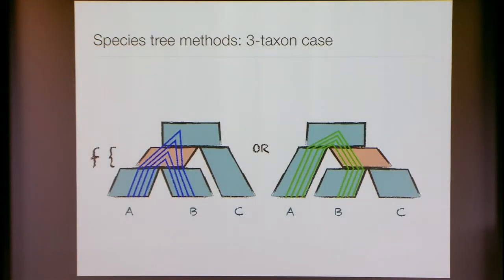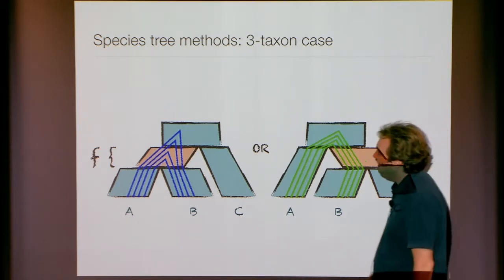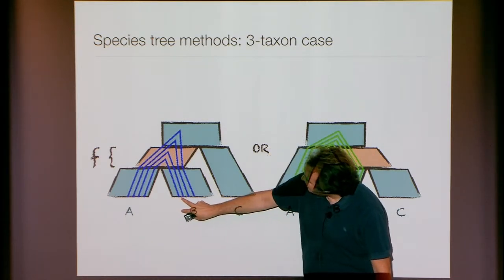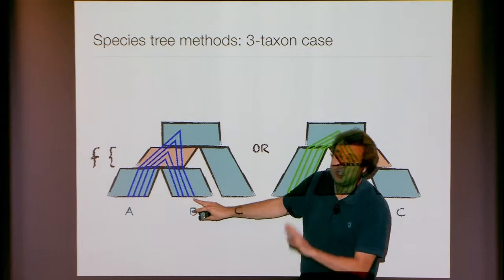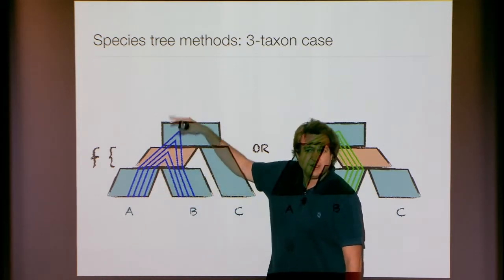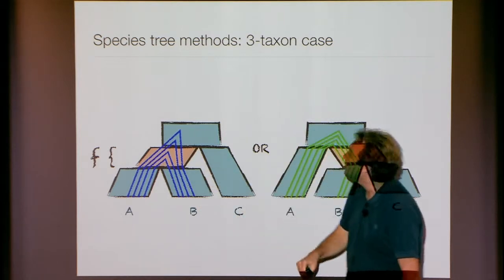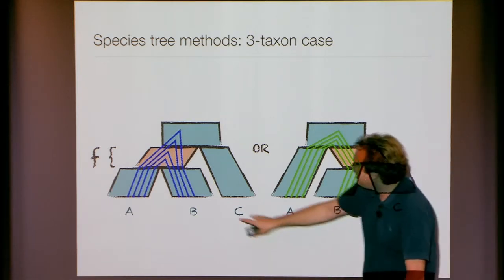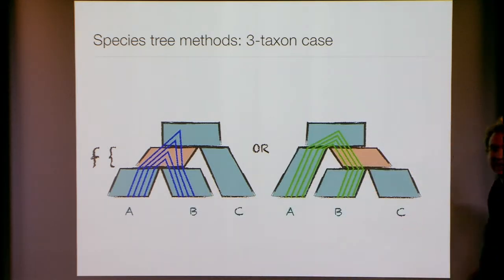And just to get an intuition of how this works, what I'm showing you here, maybe this is not the best picture, these are not different individuals, these are just different genes. What I'm trying to say is that there's a distribution of coalescence times that depends on this model. How do you extract information that allows you to distinguish between AB being closest versus, say, BC being closest?